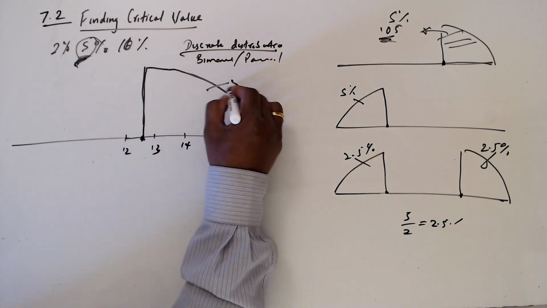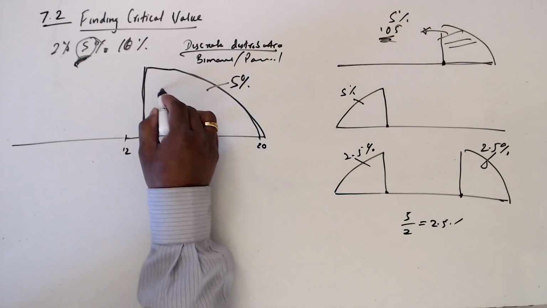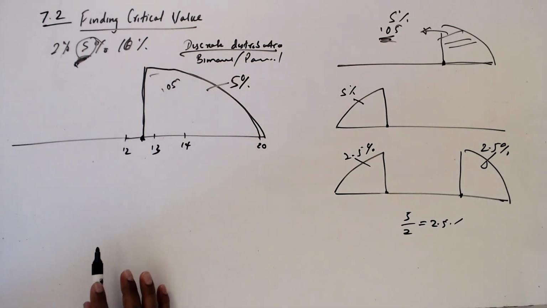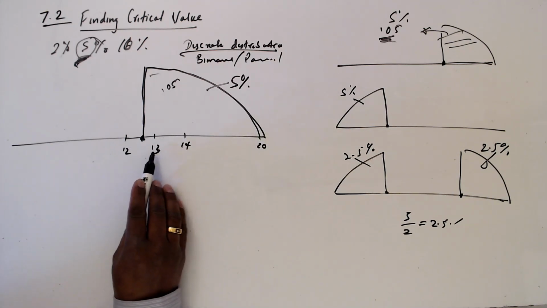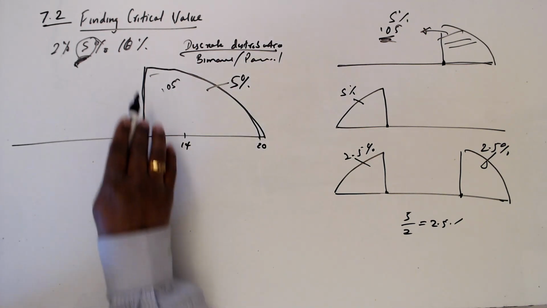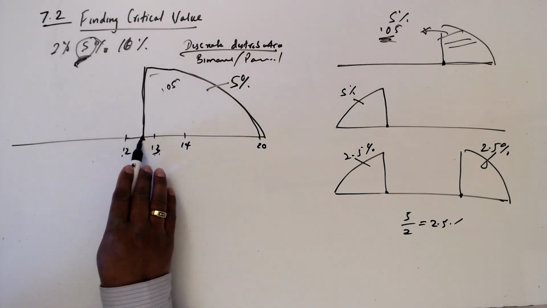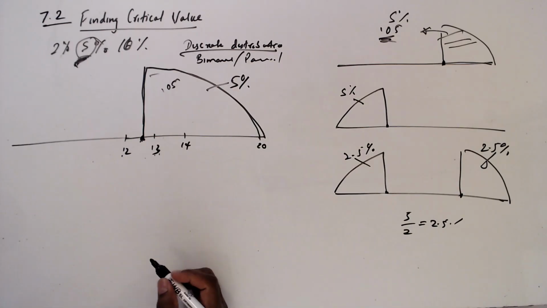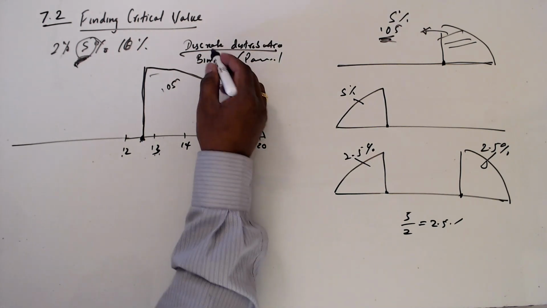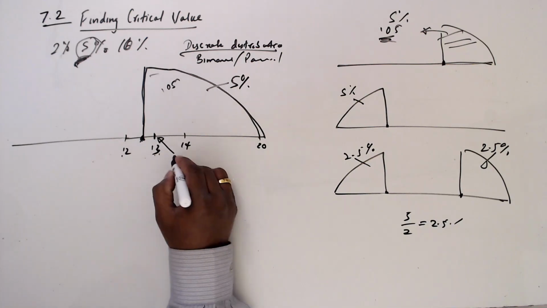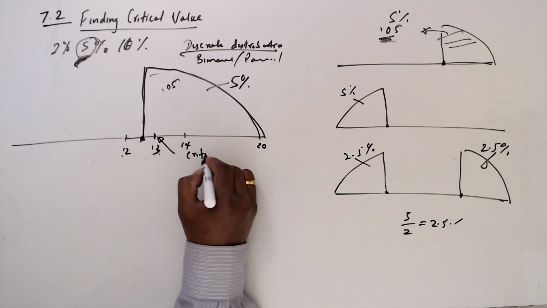So the 0.05 probability is somewhere here in between 12 and 13. 13 is too low, 13 is low, 12 is more than 5%. So usually the cutoff point lies in between. But since it is a discrete distribution, we have to select this one as the critical point, critical value.